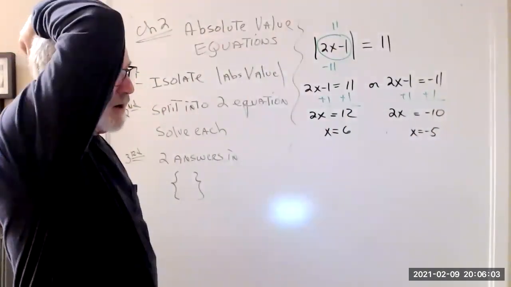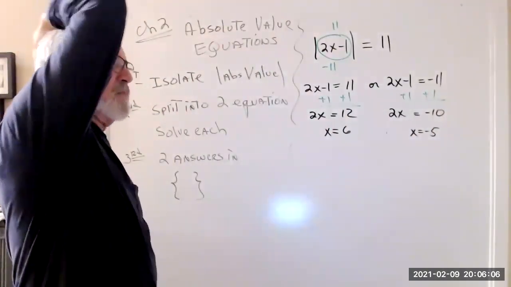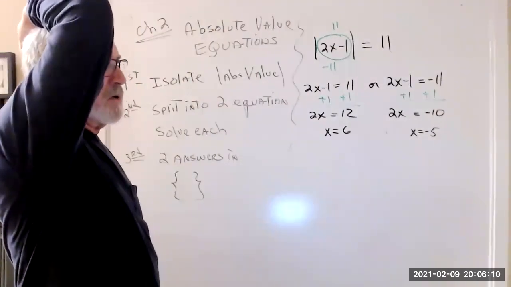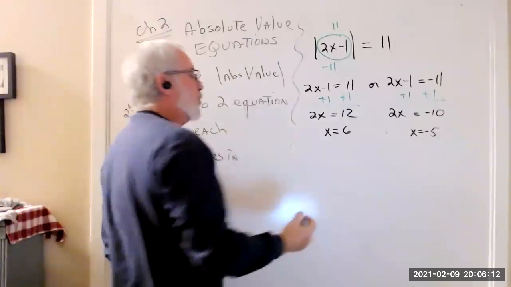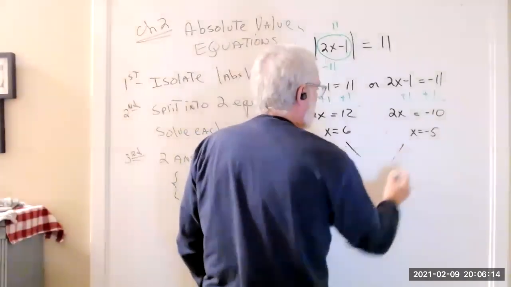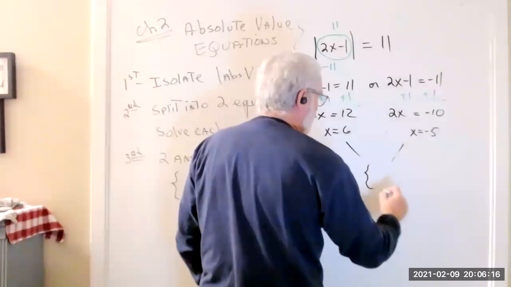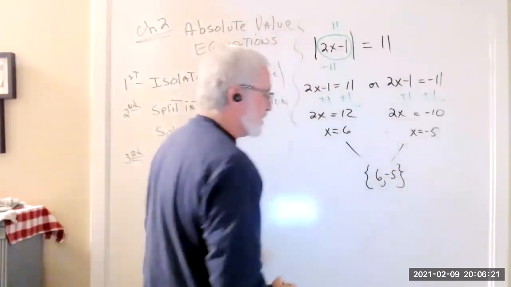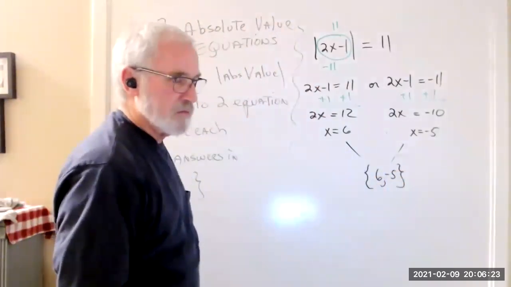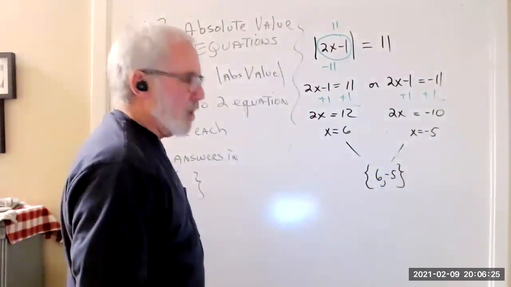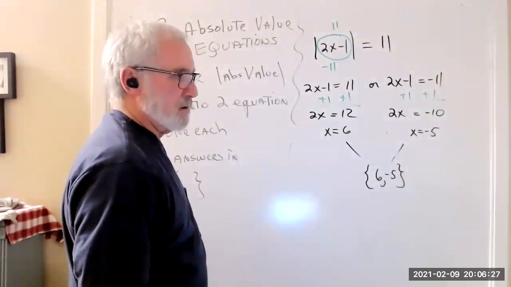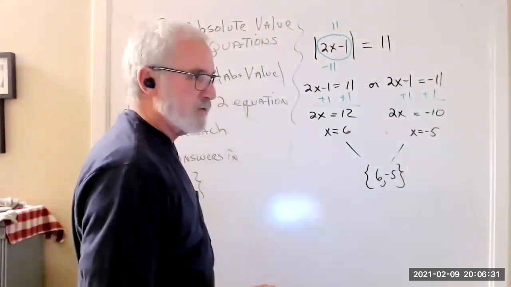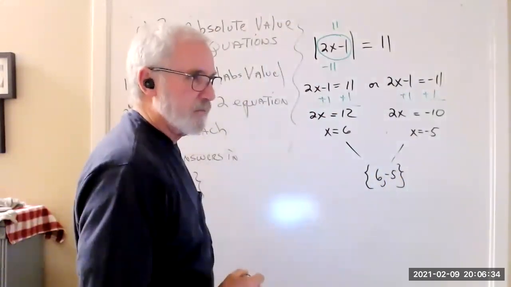Okay, now the correct way to answer this is to put these funny braces and put 6 and -5 inside those braces. Mom doesn't do that. Okay, but that's the correct math that when you move on to higher level classes, they're going to require that.